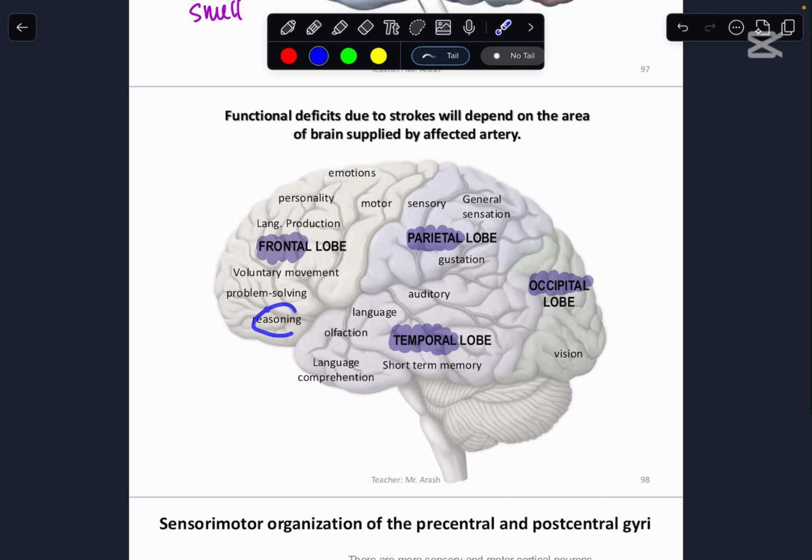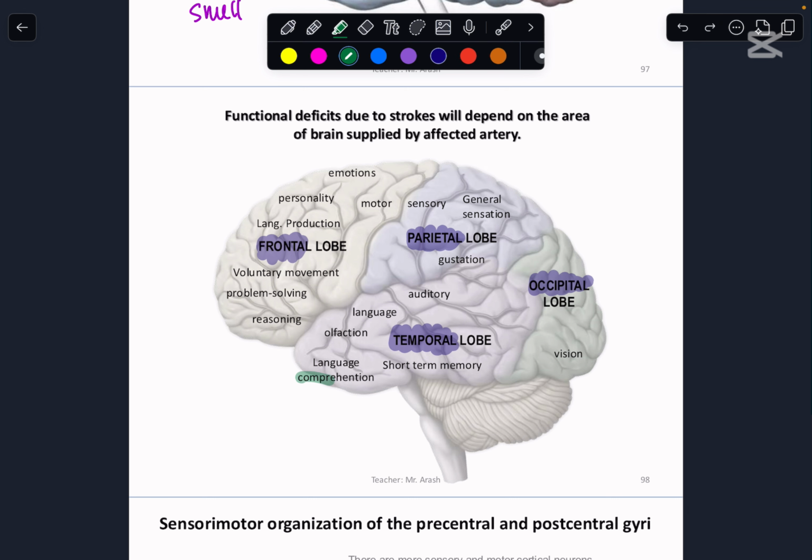So as I mentioned before, reasoning, problem solving, voluntary movement, language production, personality, motor, emotions are all functions of the frontal lobe. Parietal lobe, sensory, general sensation, gustation, that's the sense of taste. Okay, that's parietal lobe. Occipital lobe is primarily for vision purposes, visual signal analysis. Temporal lobe really deals with short-term memory, language comprehension, olfaction, and essentially hearing, right? Auditory, as you can see here, auditory functions.